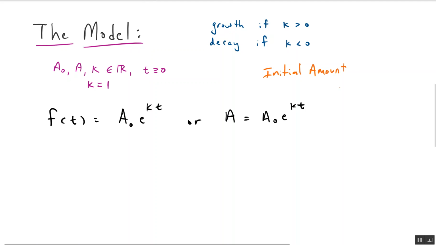You can think of the A in amount as the quantity we're looking for, because the initial amount is a naught here on the left, or a naught here on the right. Now, when I say a naught, that's a with a 0 as a subscript. That's pronounced a naught.